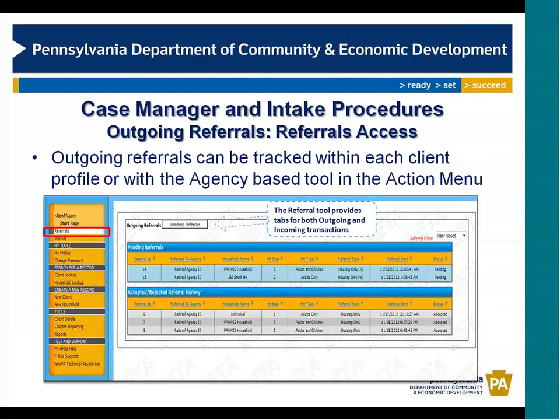All right, referral access. All outgoing referrals can be tracked within each client profile, as we showed you in the Outgoing Referrals tab; every referral sent for a specific client will be there. But we also developed a generalized referral section that's available to all users, directly on the start page.